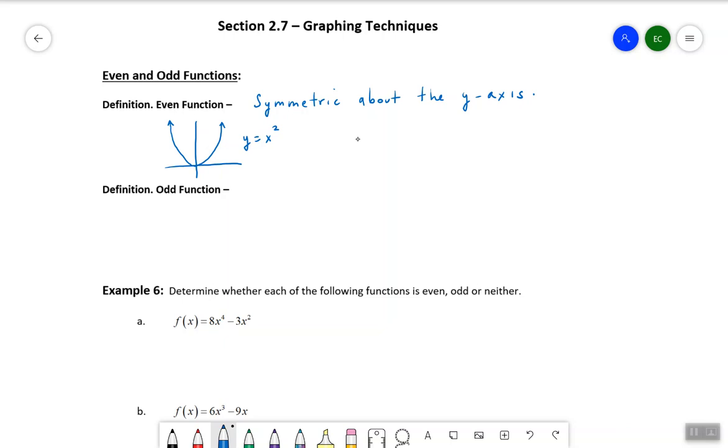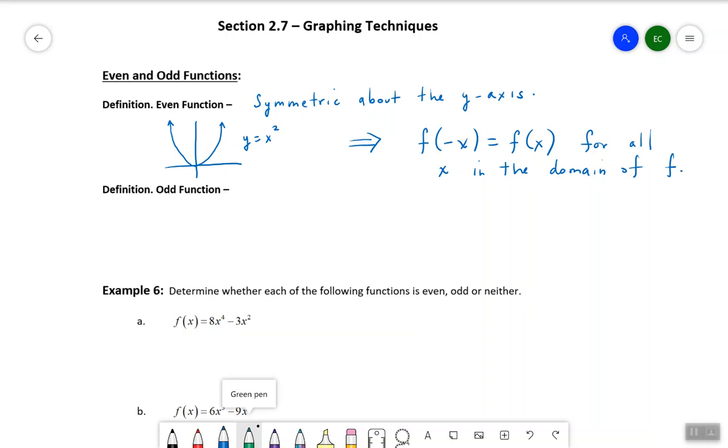Algebraically, we can say that f of negative x is equal to f of x for all x in the domain of the function. And so what we're saying there is, for example, if this point right here is at 2, 4, then the mirror image is right over here at negative 2, 4.